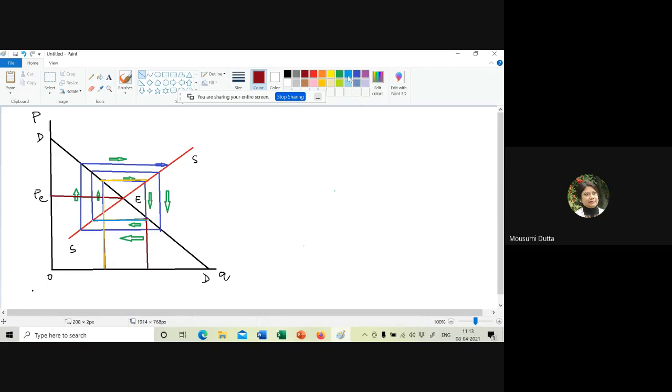Got it? It is coming to this level. At this price, this is the supply. The brown one is the supply, whereas the blue one is the demand.